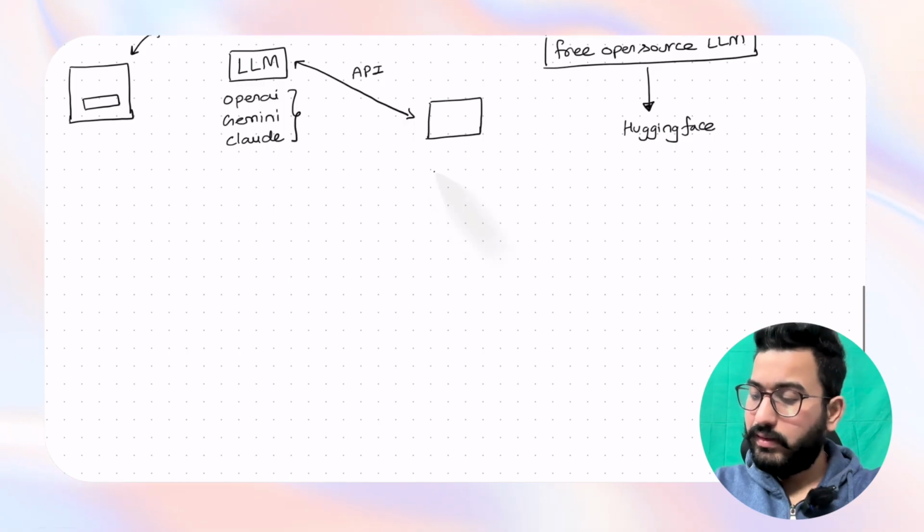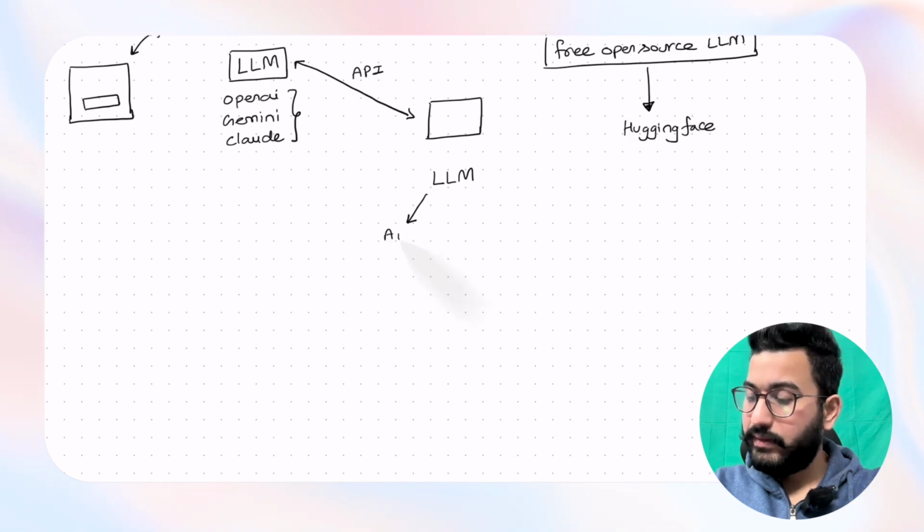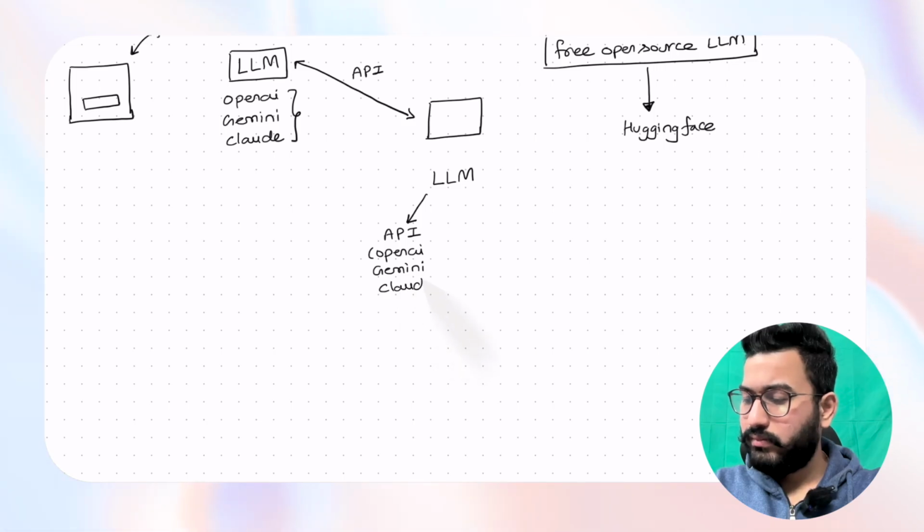In a nutshell, you can use LLMs by paying for their API from the major tech giants like OpenAI, Gemini, and Claude. There are multiple companies, but I'm rattling off these few names.